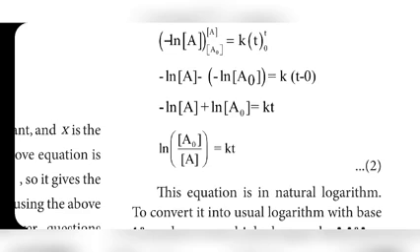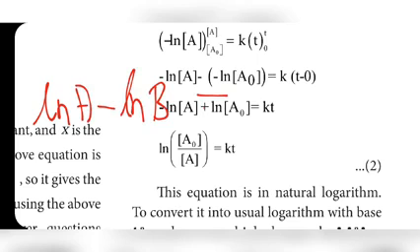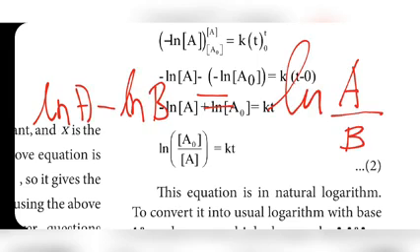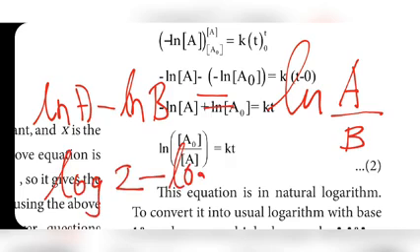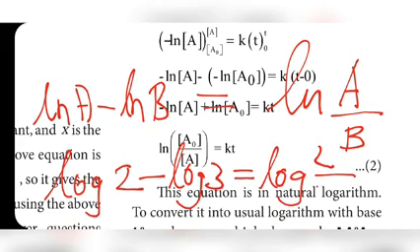In log, one more formula is there: log A minus log B is equal to log A by B. One more example, log 2 minus log 3 is equal to log 2 by 3. In log, if minus is there, we can convert it into division.